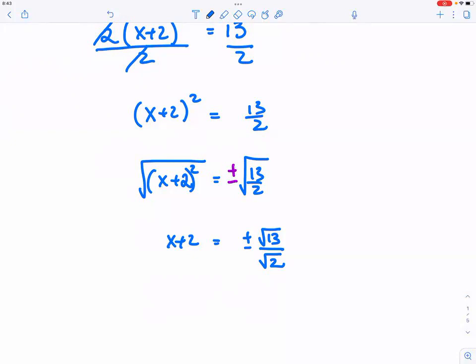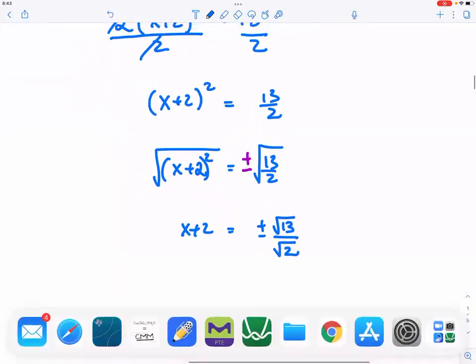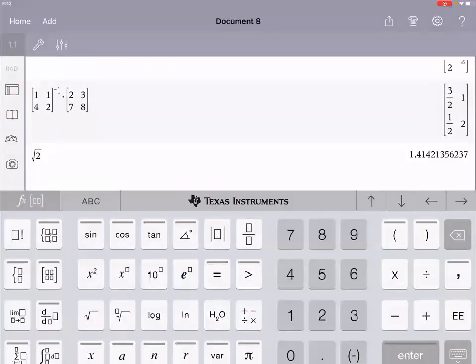Well, if you put this into the calculator, do you know what value it is for the square root of 2? It's a pretty ugly number: 1.414, and then it never ends. It keeps on going.